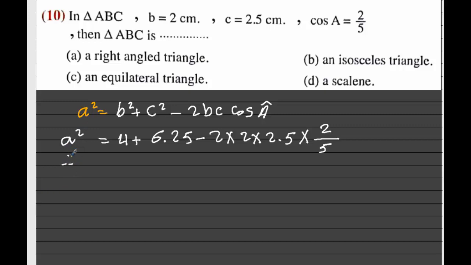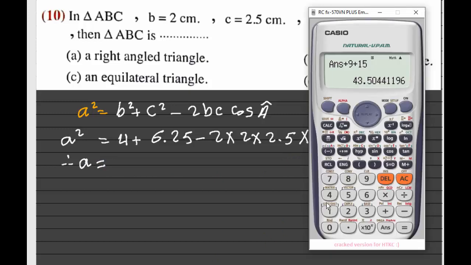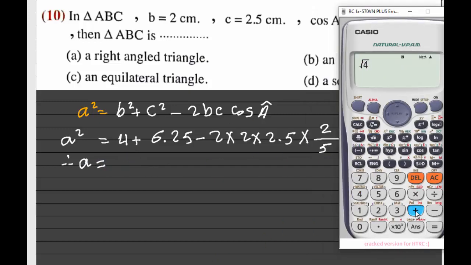So A equals, we can calculate it directly using calculator here. Square root of 4 plus 6.25 minus 2 multiply 2 multiply 2.5 multiply 2 over 5.